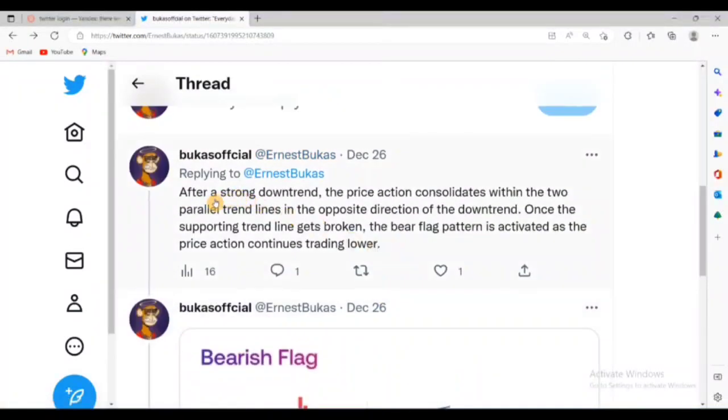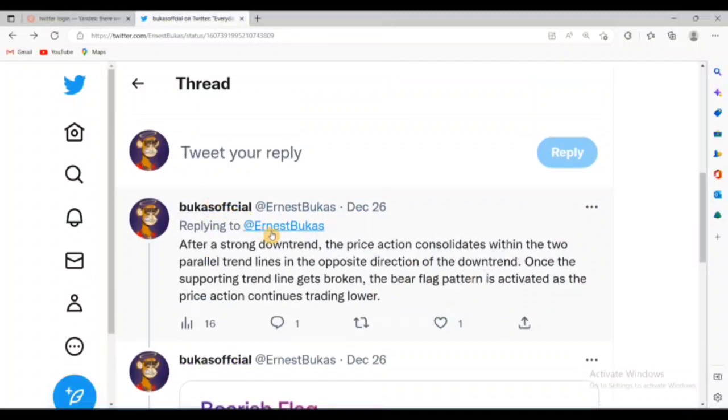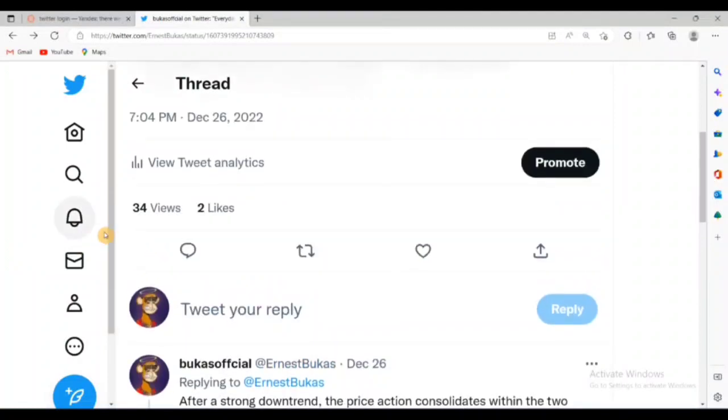Okay, now, as I explained before, after a strong downtrend, the price action consolidates within two parallel lines in the opposite direction of the downtrend. Once the support trend line gets broken, the bear flag is activated. So this is about the bear flag.